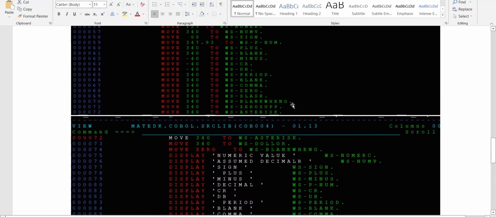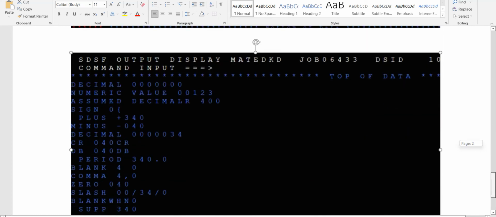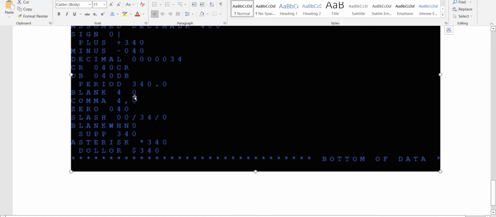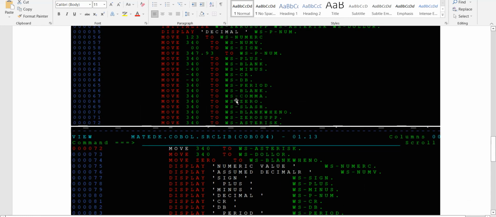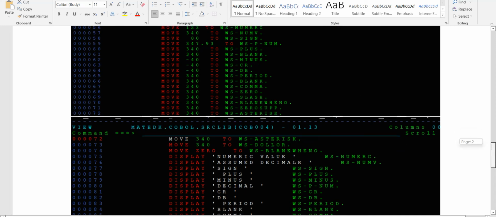See, 340 we have moved, so the result will be 0 space 4, because it will take from right to left, right? So 3 is truncated. Okay, got it? And comma, 4 comma 0, what value have we moved to comma? We see 340 we moved from here to here, right? So 0 comma 4, that is 4 comma 0 here it displays.